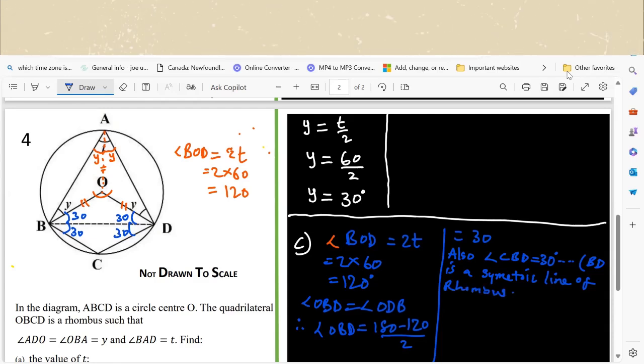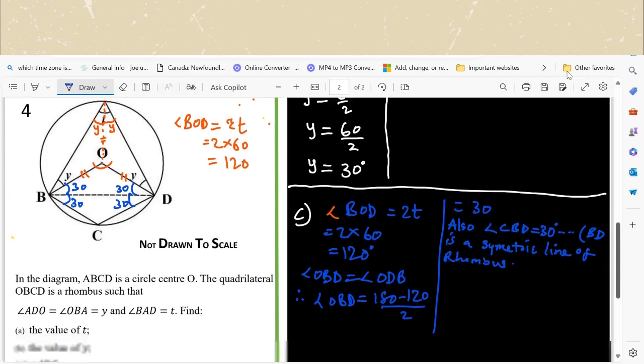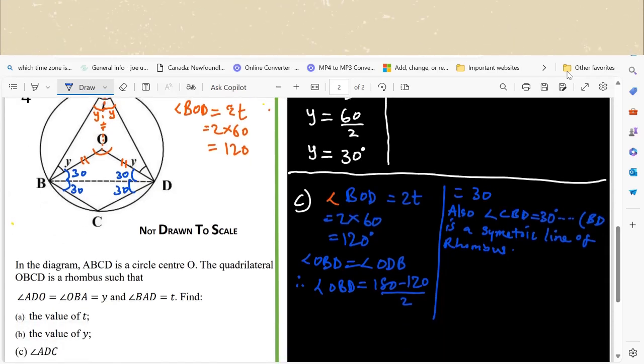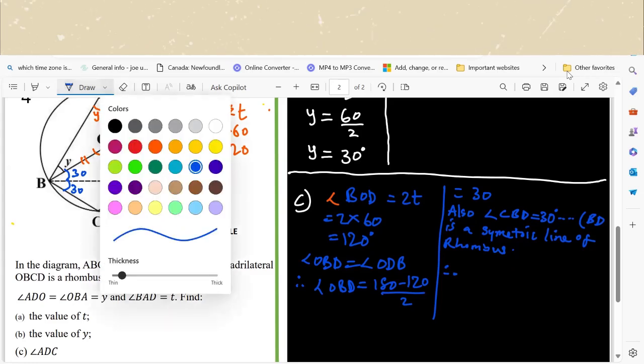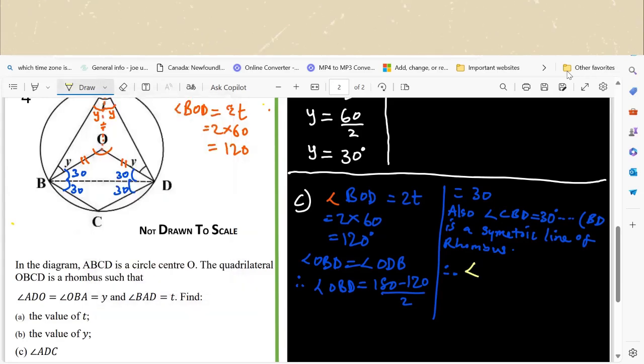So now, if we have that in mind, we can now get the angle that we are looking for, which is angle ADC. Angle ADC is equal to Y plus 30 plus 30.